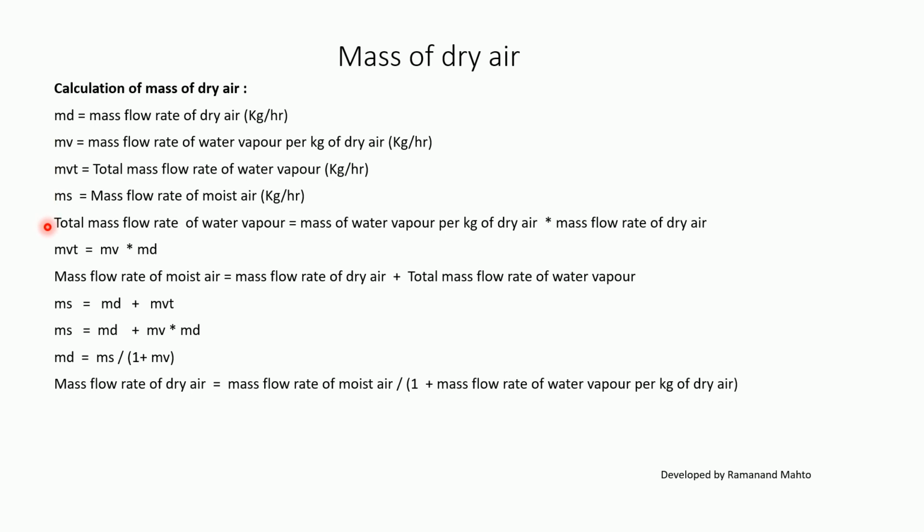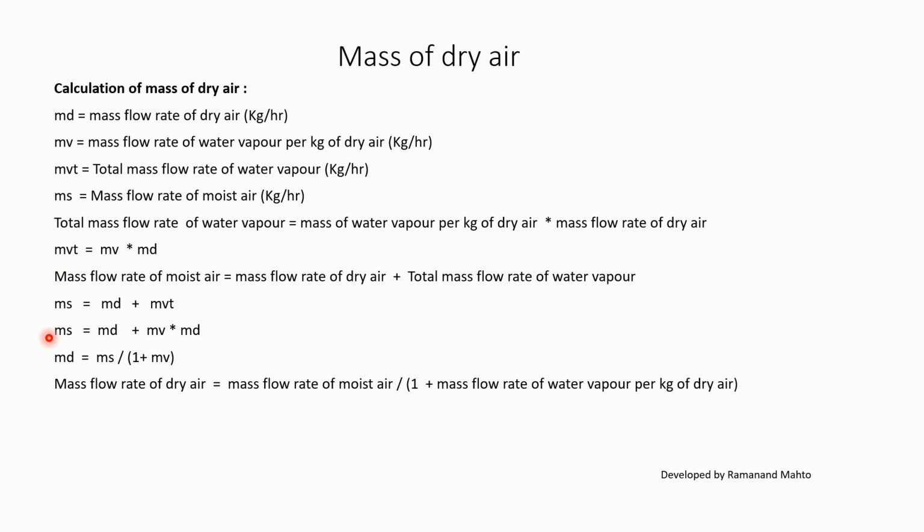So total mass flow rate of water vapor is equal to mass of water vapor per kg of dry air into mass flow rate of dry air. So we can write mvt is equal to mb into md. Mass flow rate of moist air is equal to mass flow rate of dry air plus total mass flow rate of water vapor. So we can write ms is equal to md plus mvt.